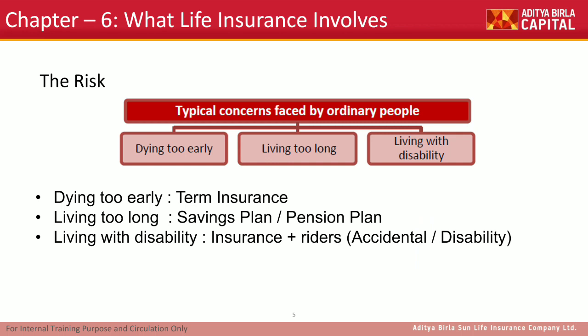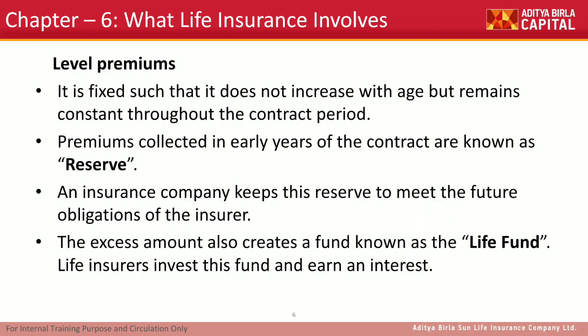Similarly, for risk of living too long, an instrument such as savings plan or pension plan can be used. And for the risk of living with disability, an insurance plus a rider such as accidental or disability riders can be used. Moving ahead, let's understand what we mean by level premium.